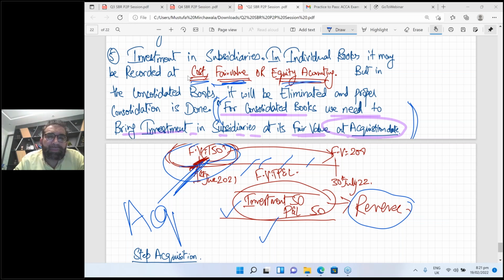These are the differences between individual books and consolidated books. And sometimes the examiner tests this knowledge of the interaction between individual books and consolidated books. Okay.